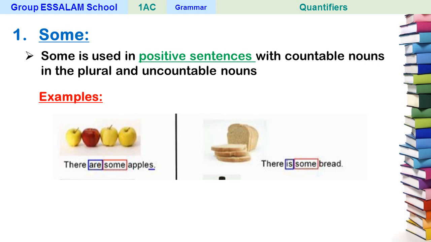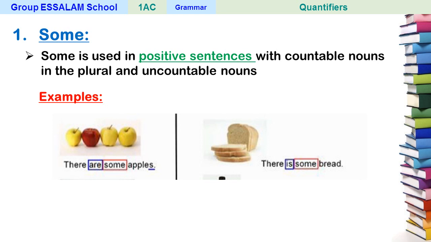Let's see the second example. There is some bread. Also here we have some. But in this example, we have uncountable noun, which is bread. So bread, we cannot count it. We cannot say one bread, two breads, three breads.